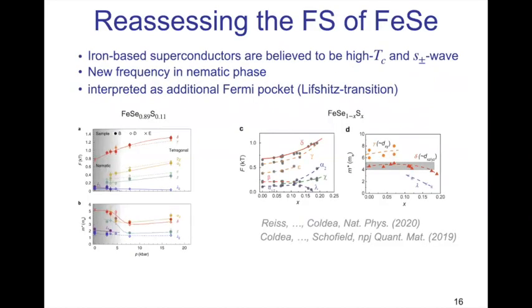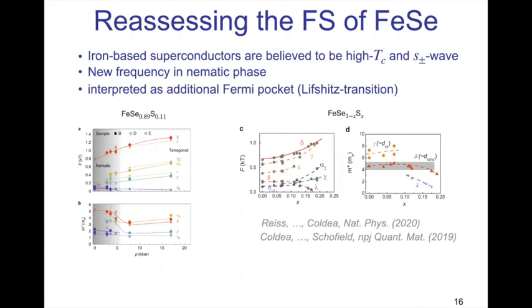I think we always get back to iron-based superconductors in the last talk, and I will also do that. So I will look at iron selenide. Iron selenide is believed to be a high-Tc superconductor with s-plus-minus wave. Before you fall into the superconducting phase in iron selenide, you observe a nematic phase, so you break rotation symmetry without breaking translation symmetry.